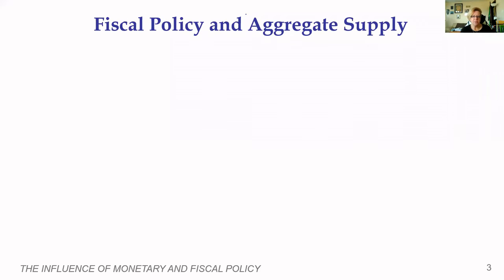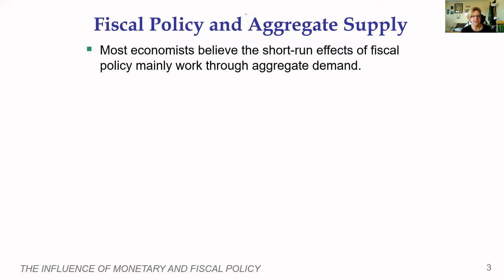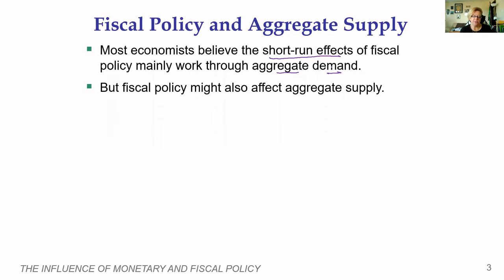So with fiscal policy, most economists believe that these short run effects really work through aggregate demand. They're Keynesian economic theorists, but some of these fiscal policies might also affect aggregate supply. So again, in the short run aggregate supply, it's the expectations about what's going to happen with inflation.